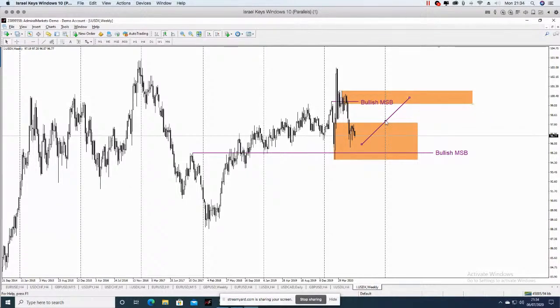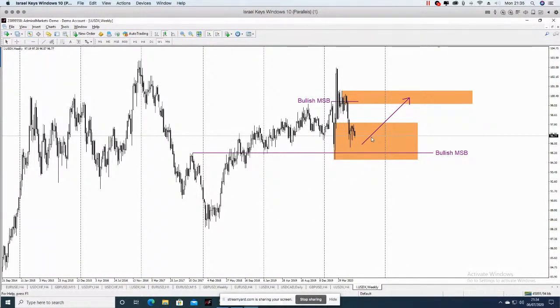So that's reasonable to expect. So let's put the bullish MSB there. That's reasonable to expect. Overall, that would give us from where we are in price now to there. Again, sorry, you don't count pips on the dollar index. You're just looking for direction.